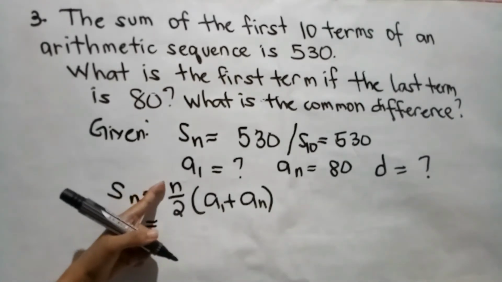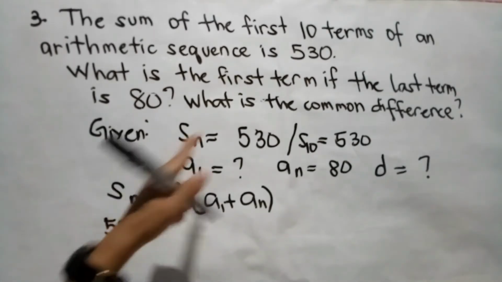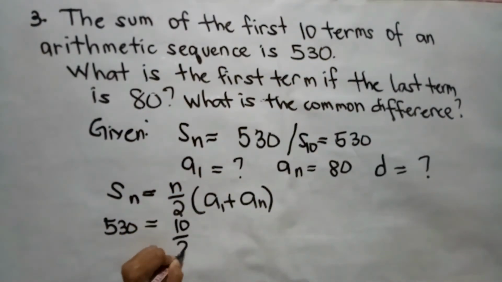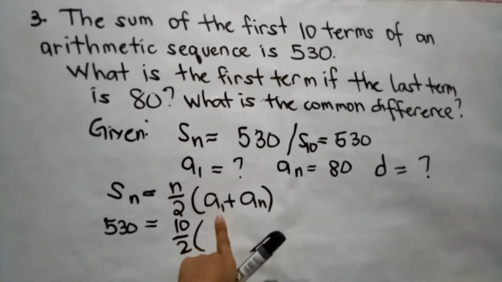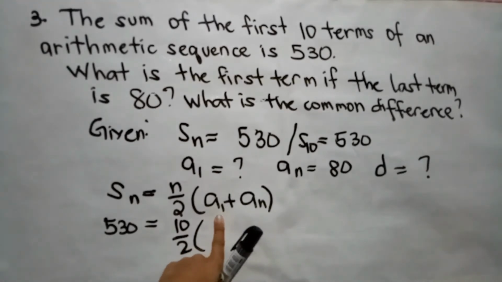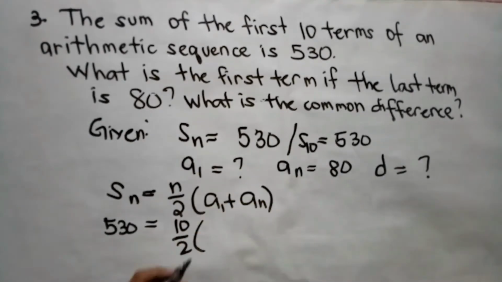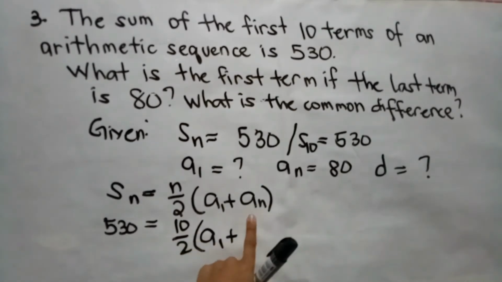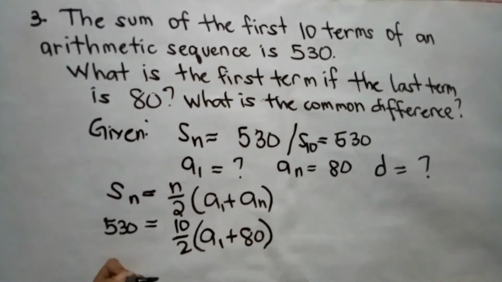Then n, how many terms we have? So we have 10 terms. 10 divided by 2 multiplied by the first term. So what is the first term? It is unknown. So write A sub 1 since it is not given. Plus A sub n, which is 80. Then solve.